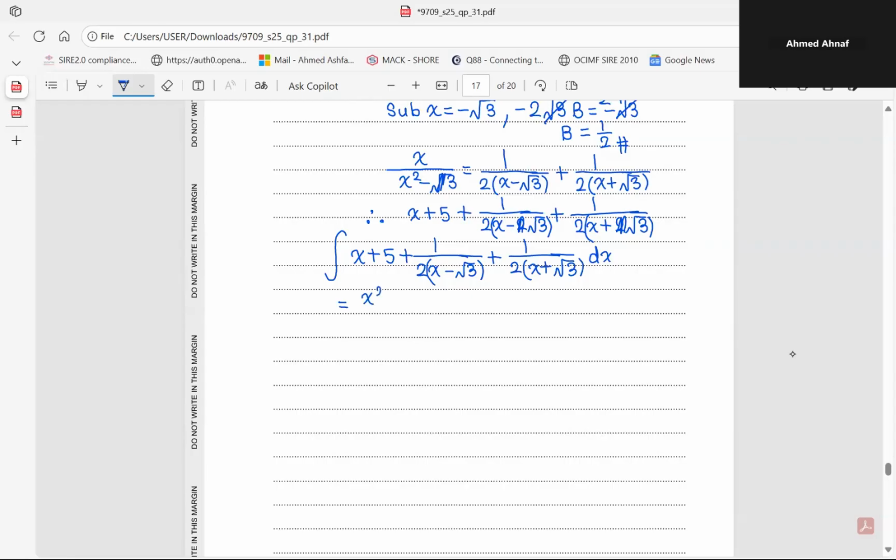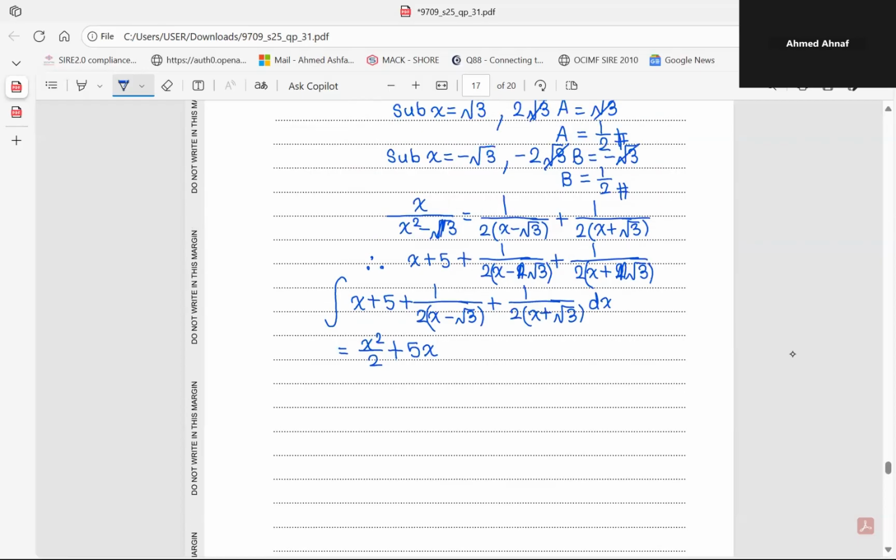We would have, integrating x, it would be x squared over 2, and plus 5. Integrating 5, that will be 5x. And integrating 1 over 2x minus 2 square root 3, well, for that, we're going to have to make it in terms of f prime x over f x. So first, let's take out the half. Then we'll have half times 1 over x minus square root 3.